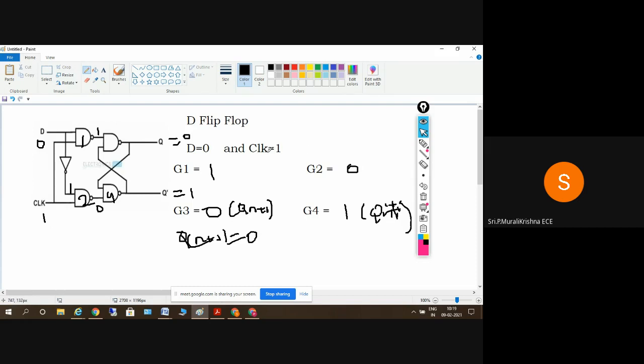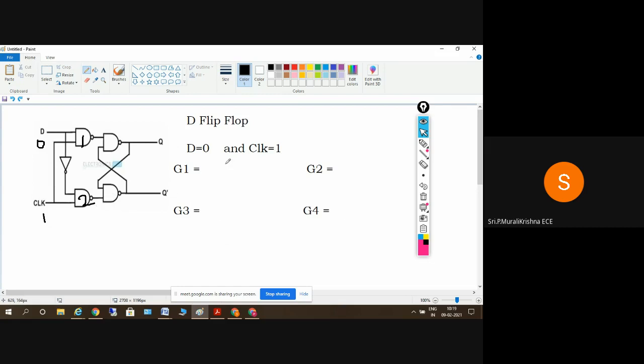So next, the same case. D is equal to 1 and clock is equal to 1. So check the case here.